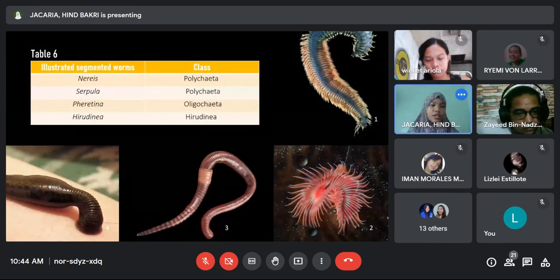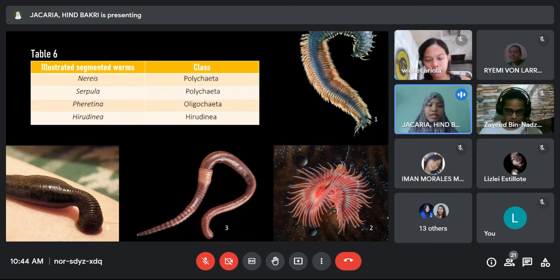For the table, the Nereis and Serpula are both Polychaeta, and Pheretima is an Oligochaeta, and Hirudinea is from the Hirudinea class. As you can see in the first picture, that is a Nereis. Then the one below it is Serpula.